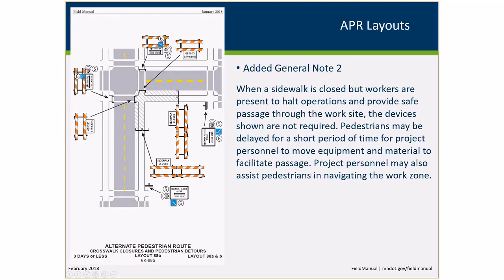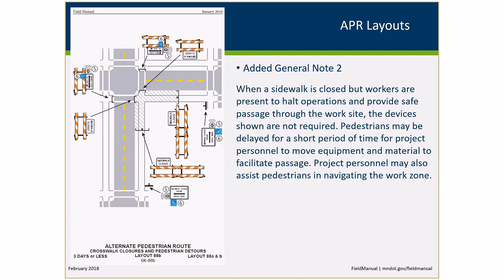The APR layouts didn't change too much. One change we made is that we made these audible message devices symbols a little bit different, not a major thing. The key thing to bring up is General Note 2. There is language in the MnDOT that allows the case that if it's an attended work zone and workers are present to move things out of the way, you don't necessarily need to set up an alternate pedestrian route to guide pedestrians around that area.